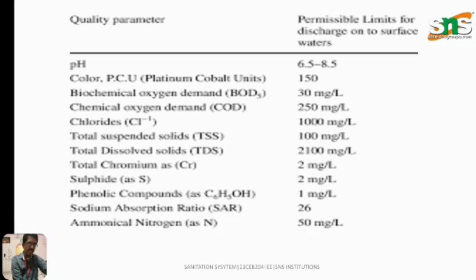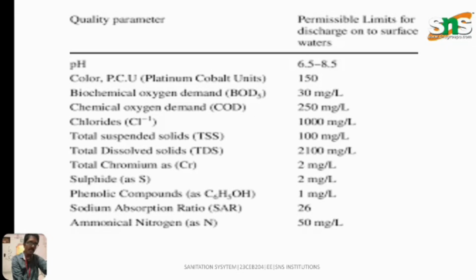Total suspended solids is 100 milligram per liter, total dissolved solids 2100 milligram per liter, and total chromium is 2 milligram per liter, because it is a heavy metal, which should be maintained very low. If we consume more chromium, we will be affected by cancer. So only a very negligible amount should be present in the water as well as in the air.